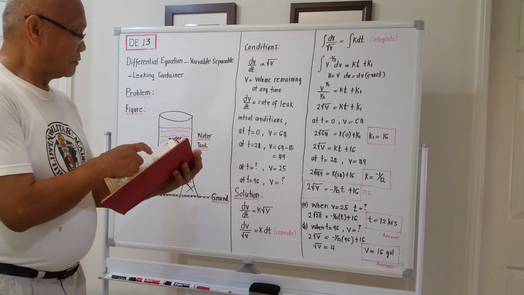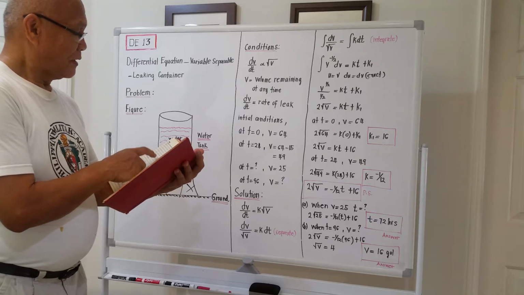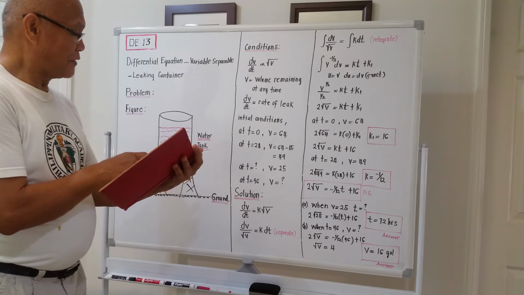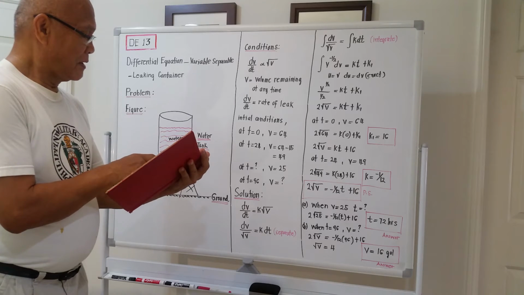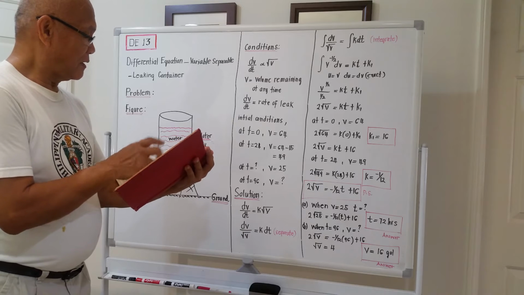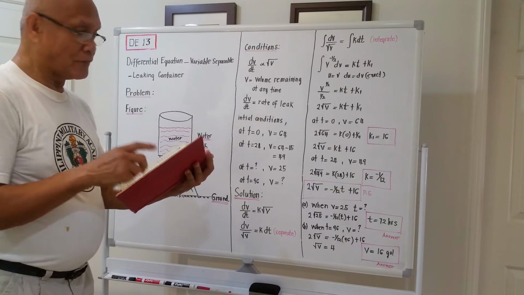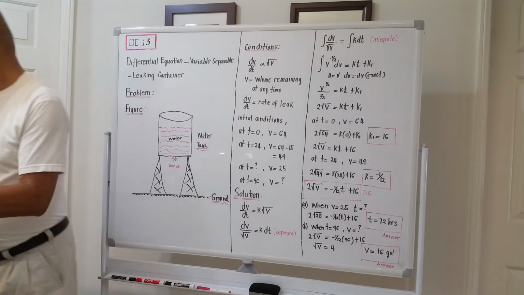If the cylinder contains 64 gallons initially and 15 gallons leak out the first day, when will 25 gallons remain? And the next question is, how much will remain at the end of 4 days?